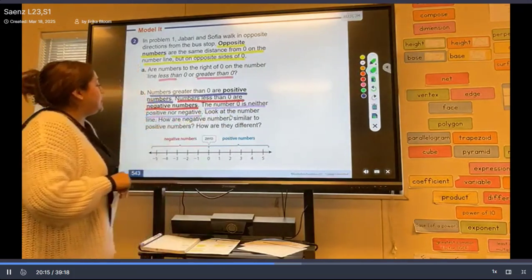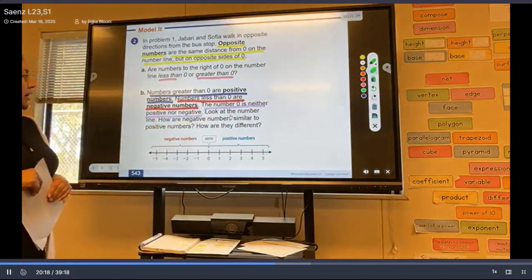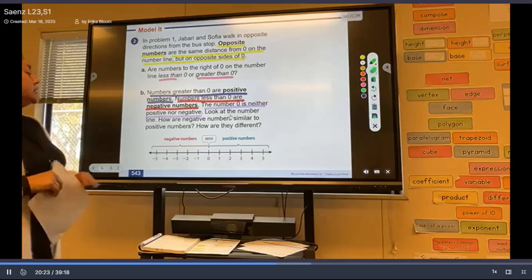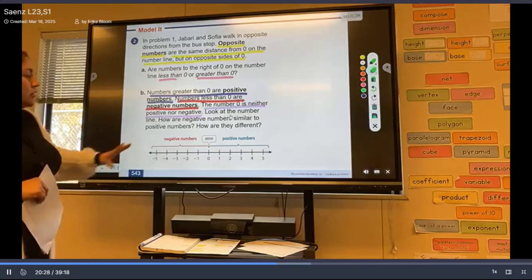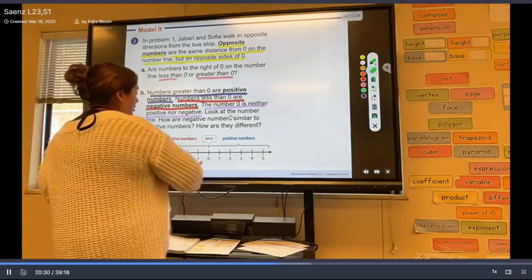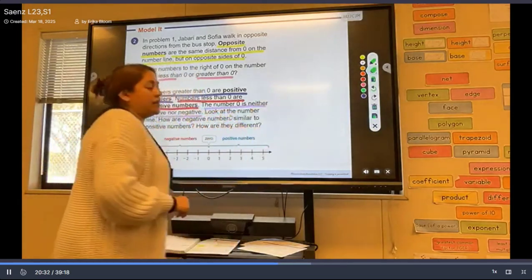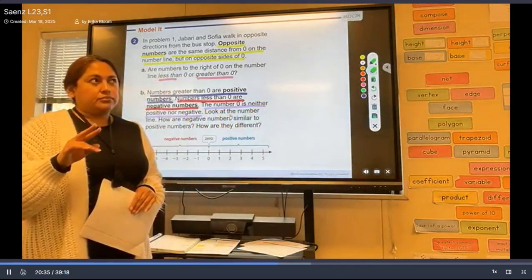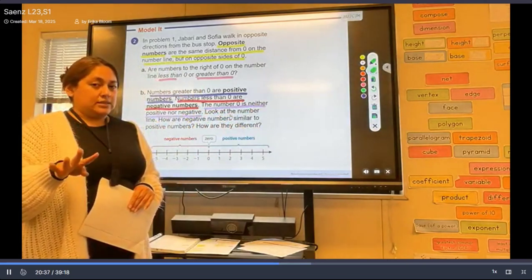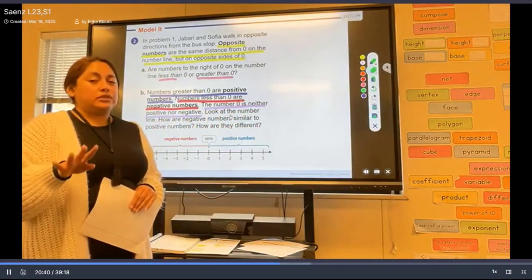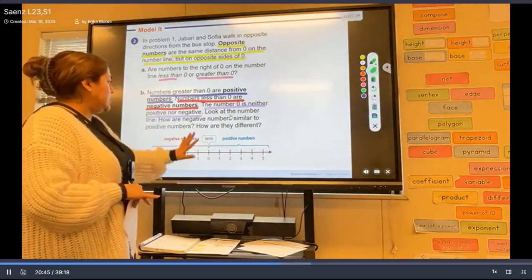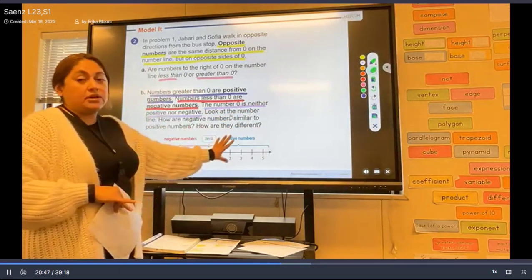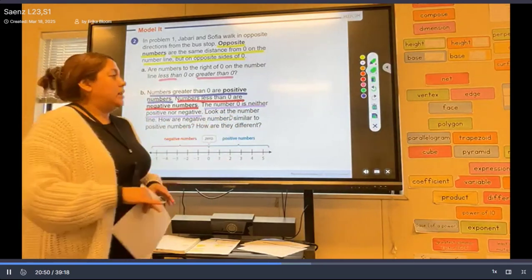Okay, this continues. It says, look at the number line. How are negative numbers similar to positive numbers and how are they different? I want you to take about 2 to 3 minutes at the most, and write somewhere either underneath this or to the side at least 2 to 4 sentences describing how negative and positive numbers are similar and how they are different.